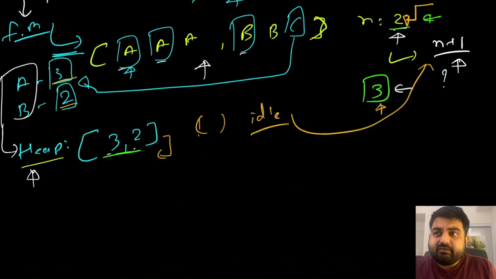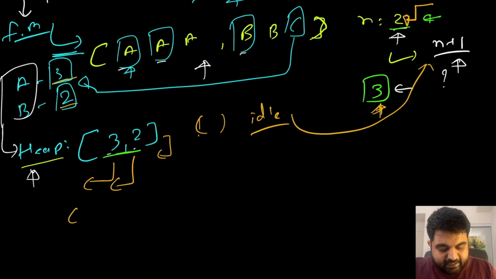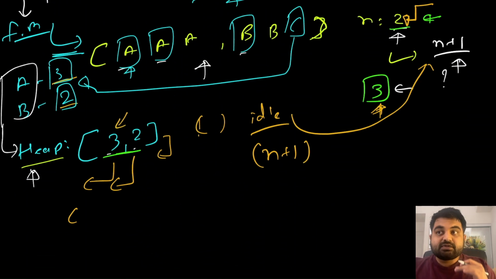So why do we even make idle values? We know that after removing all the elements of the heap, for this cycle we still have some elements for which we haven't calculated the frequency. And if there exists some frequency, it means the entire n+1 has to be part of the answer, and then we simply have to reduce the frequency by 1 and once again repeat the same process.